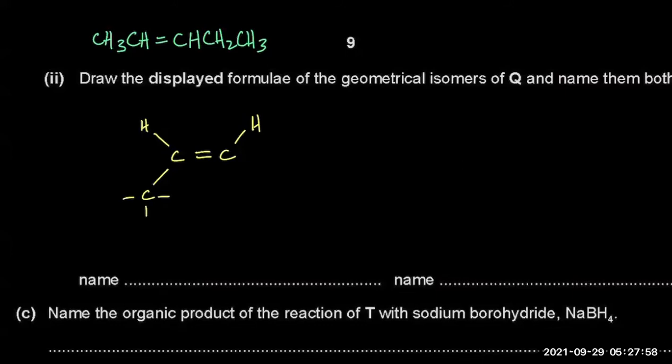I just don't like the way it looks, so I'm just going to draw it the way I like it, like this. Yes, so carbon is bonded to a CH3 and it's bonded to a CH2CH3.